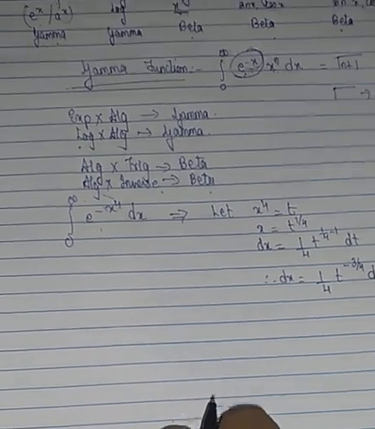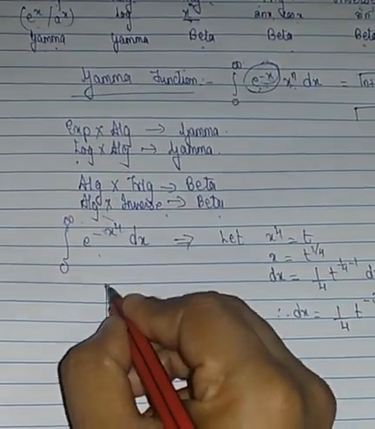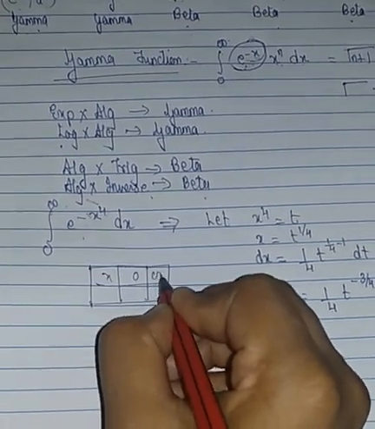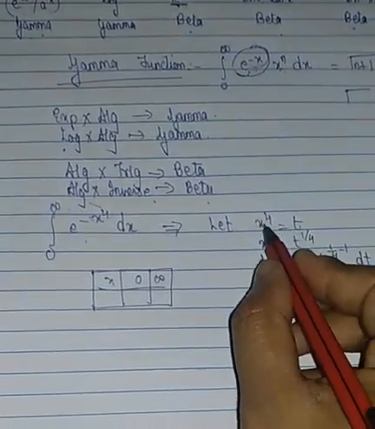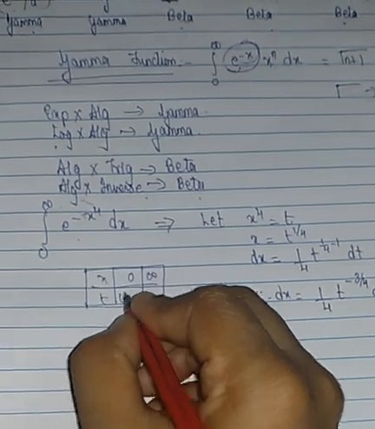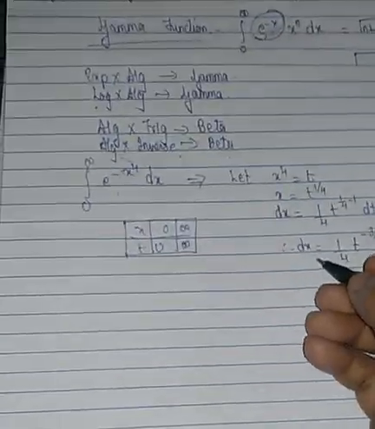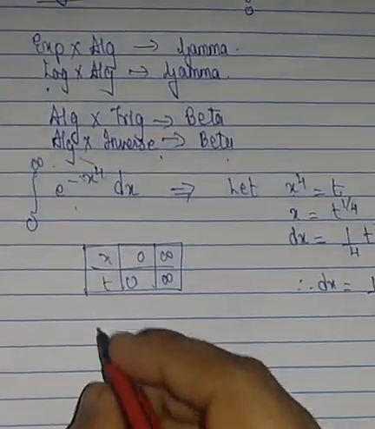The next important thing is my limits. The limits of x are from 0 to infinity. When x is 0, obviously t will be 0. When x is infinity, t also will be infinity. So the limits here are 0 to infinity.